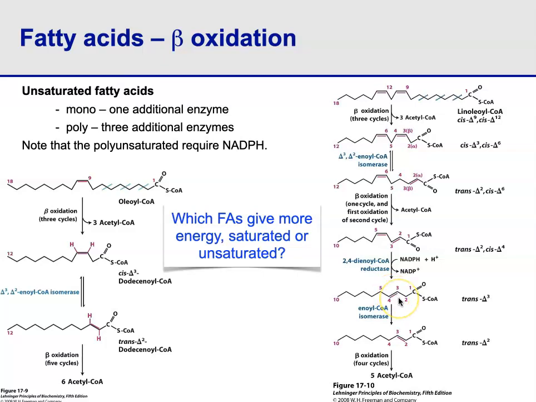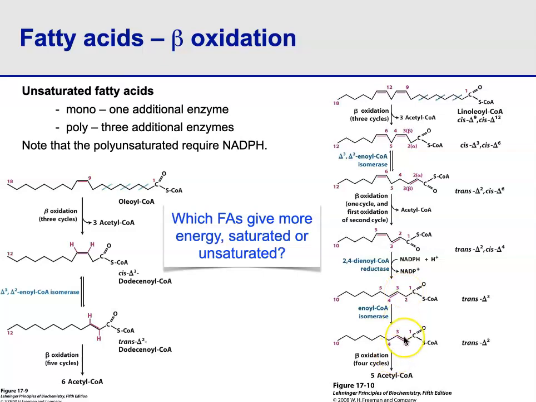to generate one trans delta 3 double bond. It is trans, which is good, but it's in the wrong position. Instead of being delta 2, it's a delta 3. So we're going to need an isomerase that will move the delta 3 to the delta 2 position. It's not the same enzyme though, because the first converts a cis double bond to a trans double bond, and this one has to move a trans double bond in the third position to a trans double bond in the second position.